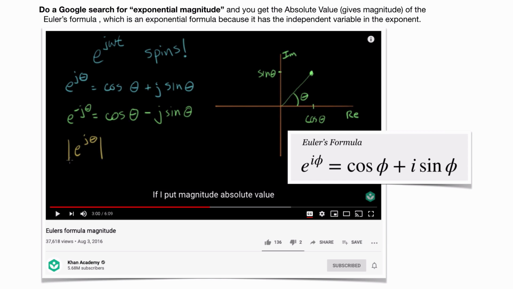It turns out exponential magnitude isn't defined, but the closest I found was this video where they were doing some operations with Euler's formula, trying to find the magnitude. The way you find magnitude is you put absolute values around it, which is exactly what's happening in this screenshot. And Euler's formula is an exponential function because it has your variable, in this case phi, in the exponent of e. So I don't think exponential magnitude is defined, certainly not the way Quantum Eraser is using it.